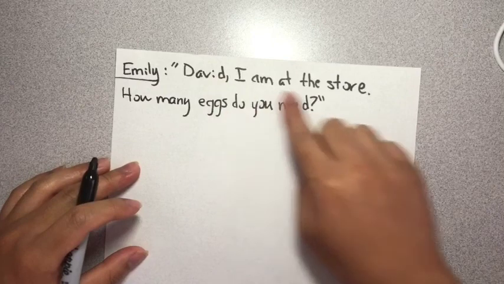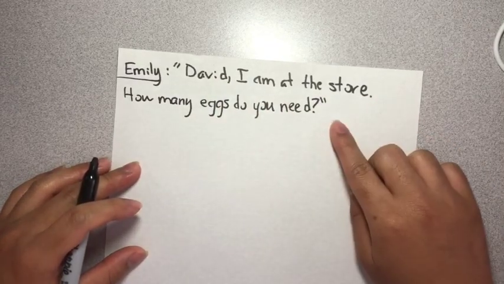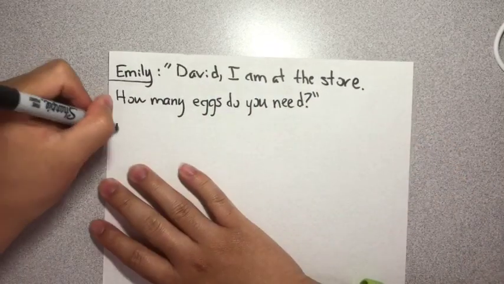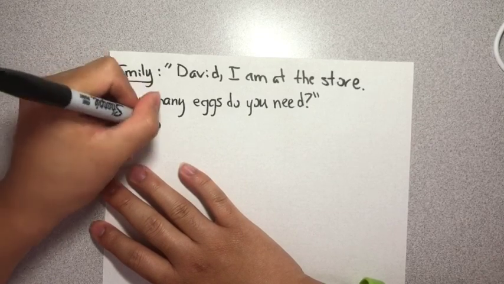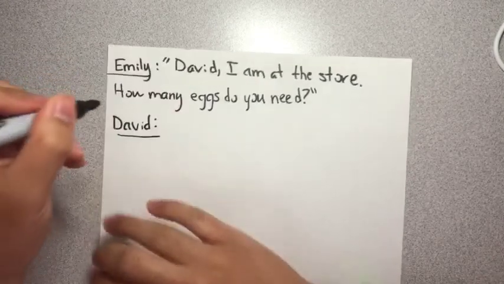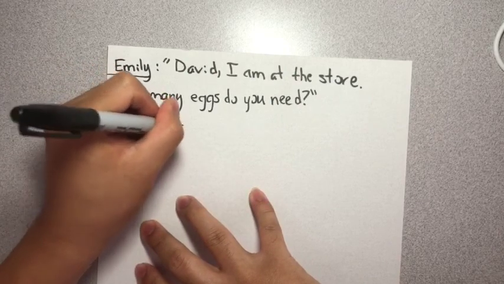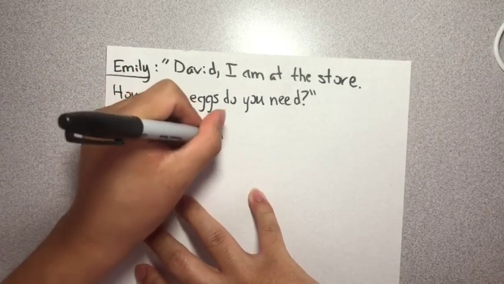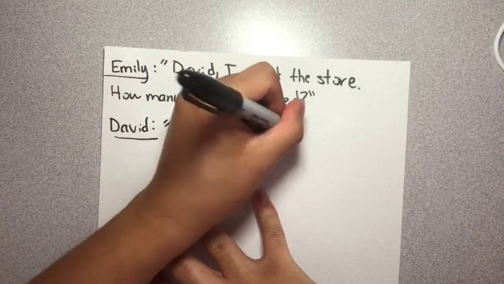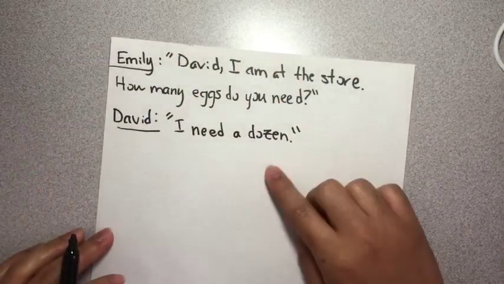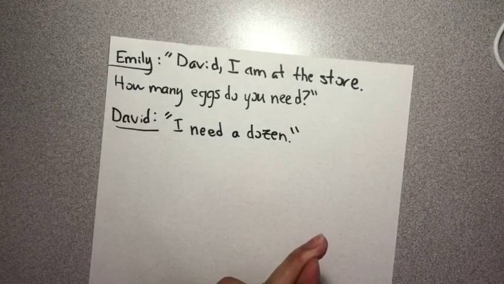Emily says, David, I am at the store. How many eggs do you need? David says, I need a dozen. I need a dozen. So what does this mean?